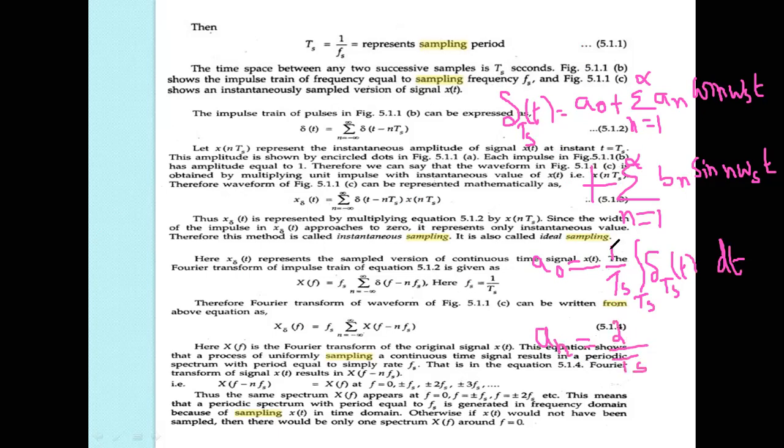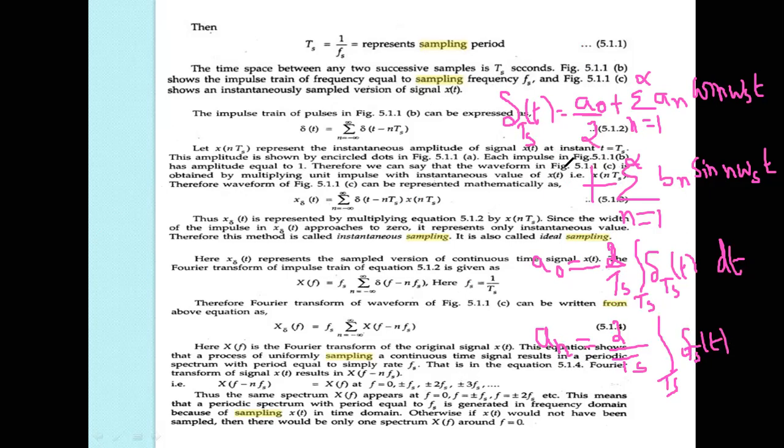See, for any confusion, it is 2 by Ts here, and now I'm writing the a naught by 2. Actually the a naught is 1 by Ts; now I'm writing a naught by 2 and it is 2 by Ts. There is no confusion, it is 2 by Ts only. Integral Ts delta Ts of t.